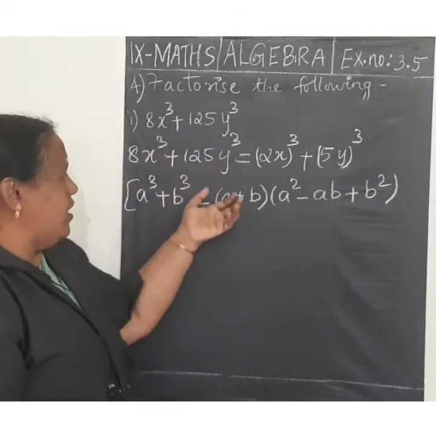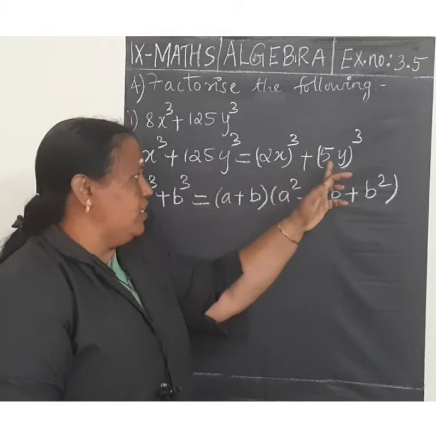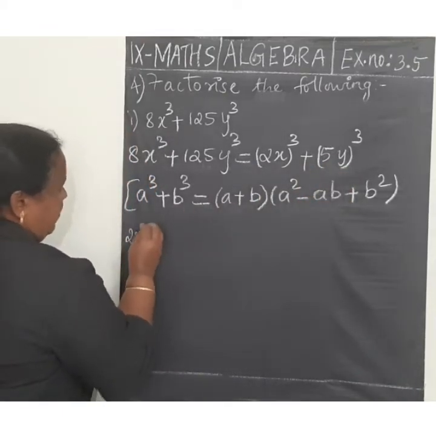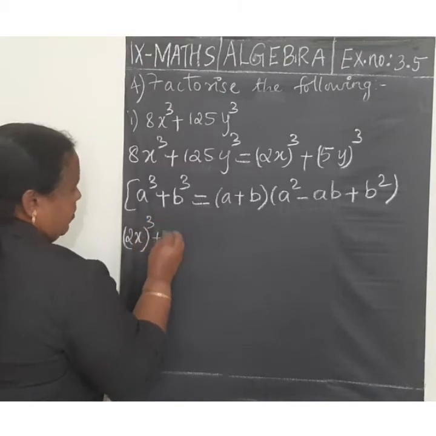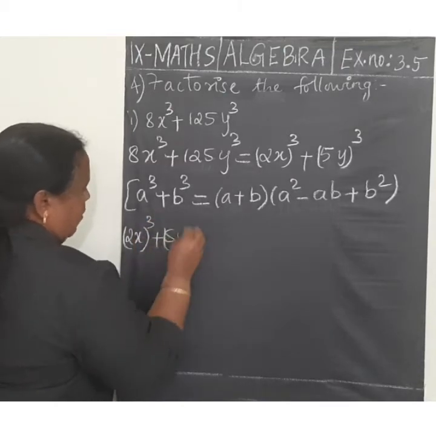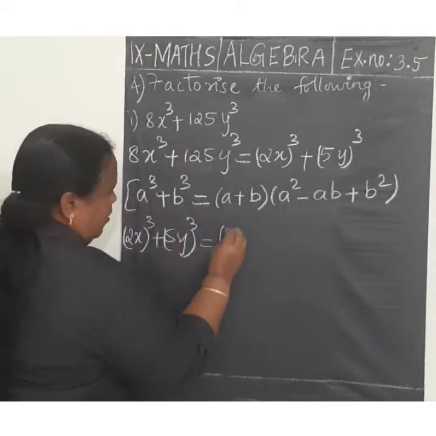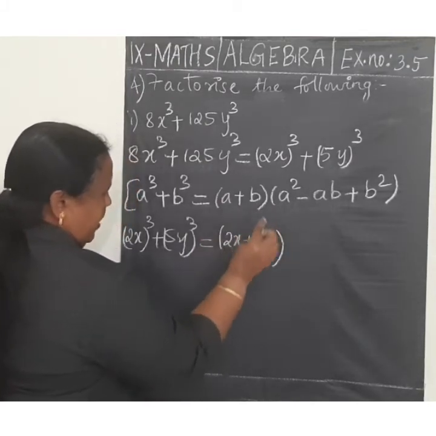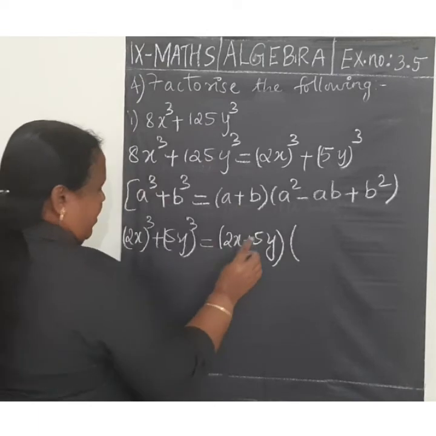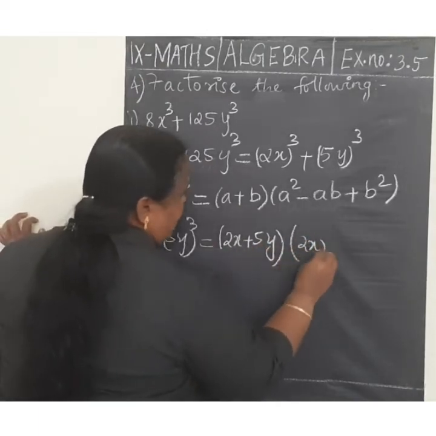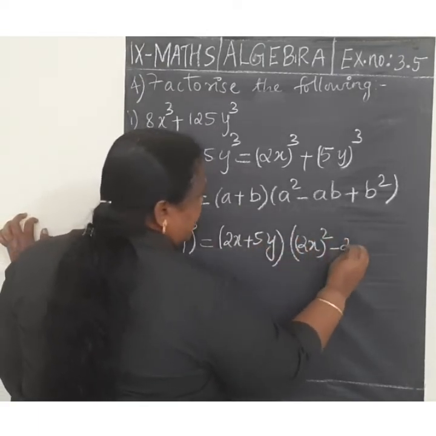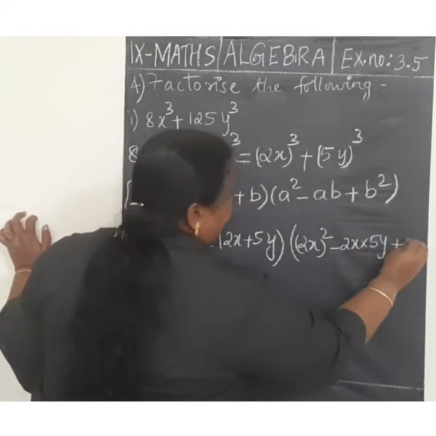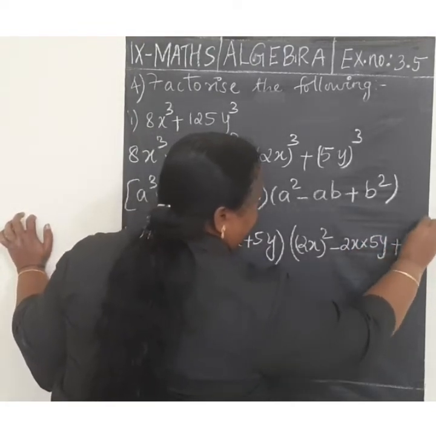Now here our a is 2x, b is 5y. So 2x the whole cube plus 5y the whole cube is equal to 2x plus 5y, a plus b into a squared, so 2x the whole square minus 2x into 5y plus 5y the whole squared.